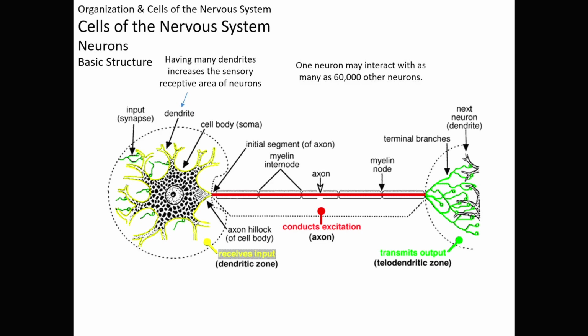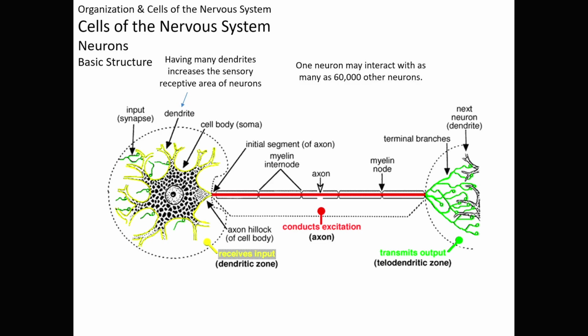We then highlighted this axon hillock region because we said this is where integration of all that sensory input occurs. You have all these synapses and all kinds of sensory input coming into the dendritic zone, but it needs to be integrated together, right? It's a process we'll talk more about in detail later in the course, but the axon hillock is the site of that sensory input integration.